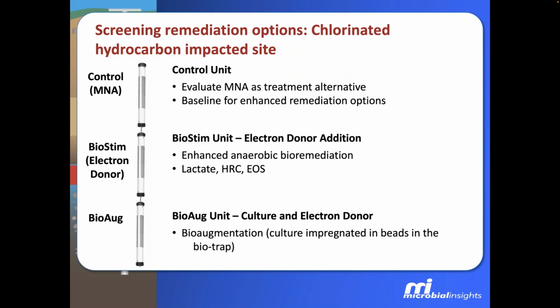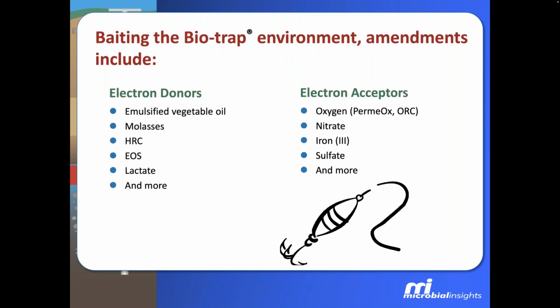And how do we supply that bioaugmentation culture? In the laboratory, we will grow the bioaugmentation culture in the presence of biocept beads. They then grow in the beads, and we basically load the beads with that bioaugmentation culture, and then we can put that in the biotrap and put it in the in situ microcosm unit and make that comparison.